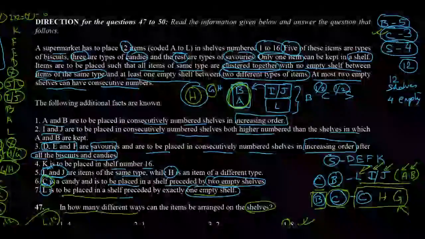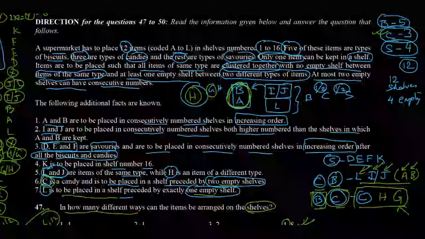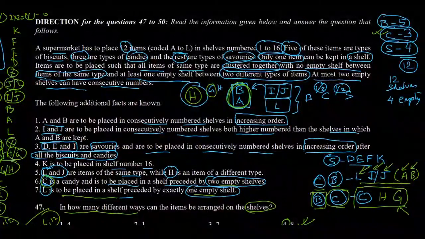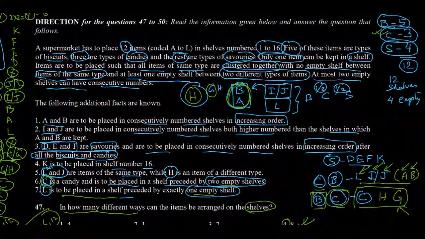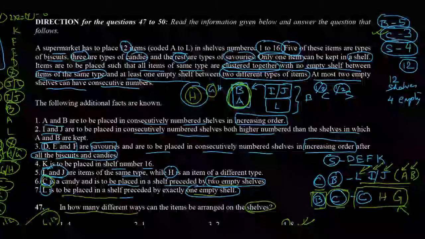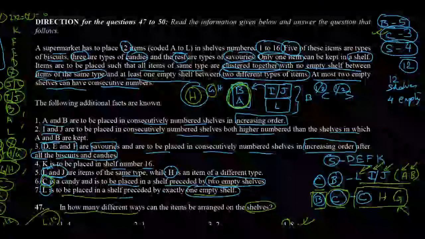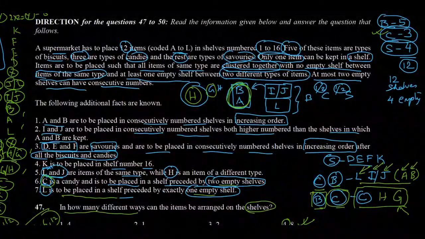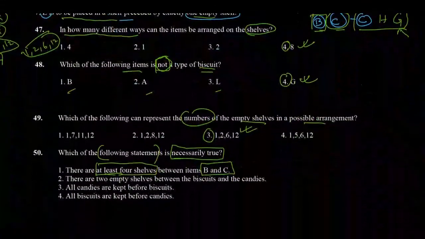So we have 5, 6, 7 and 8, 4 shelves between B and C. And in the second case, C is in shelf 3 and B is in shelf 9. So we have 4, 5, 6, 7 and 8, 5 shelves in between B and C. So it can be either 4 or 5 shelves between B and C.